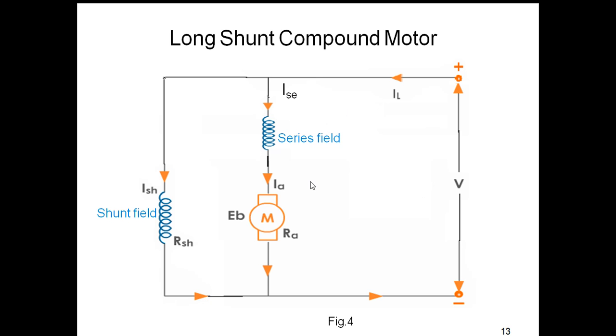If we write KVL in this loop, we get V is equal to ISC RSC plus IA RA plus EB. This is the equation written by Kirchhoff's voltage law.